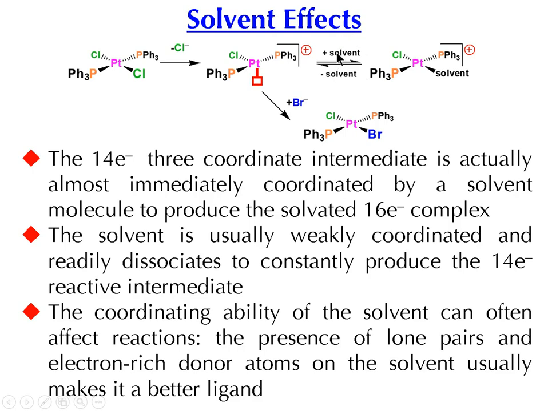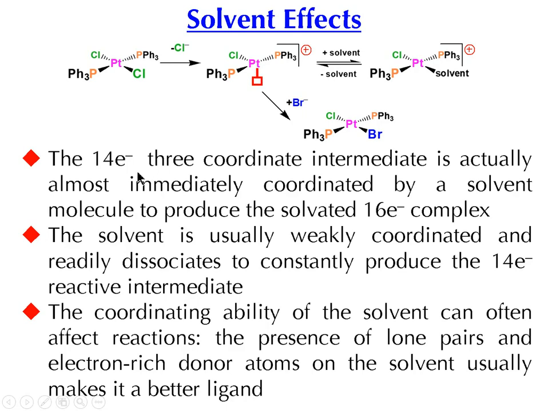If the solvent is more donor than Br-, the solvent will occupy the vacant site to give a bond which is platinum-solvent. And if the solvent is weakly coordinating, it will be coordinated to the vacant site, then released. So this addition of the solvent ligand is reversible.